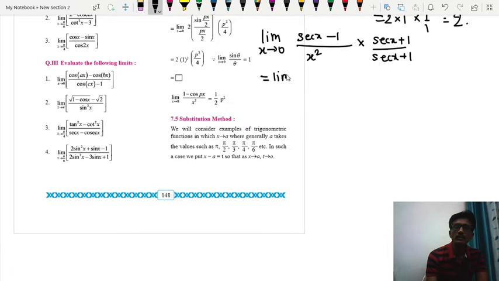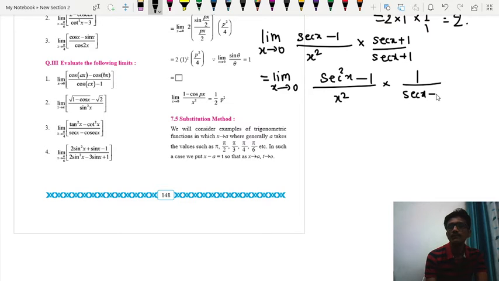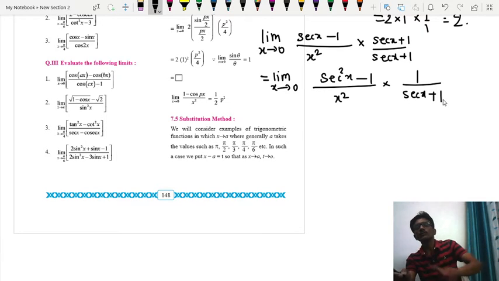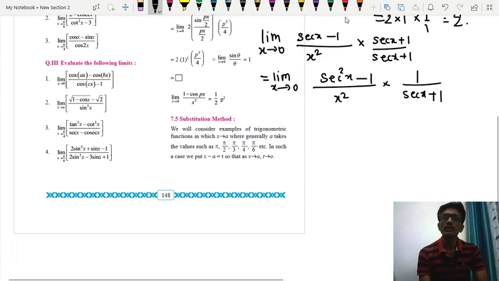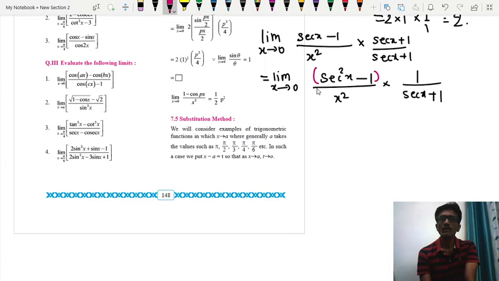So this is limit x tends to 0, a minus b times a plus b, that will give us (sec square x minus 1) upon x square into 1 upon sec x plus 1 as it is. Now 1 plus tan square x is sec square x, so sec square x minus 1 is equal to what?